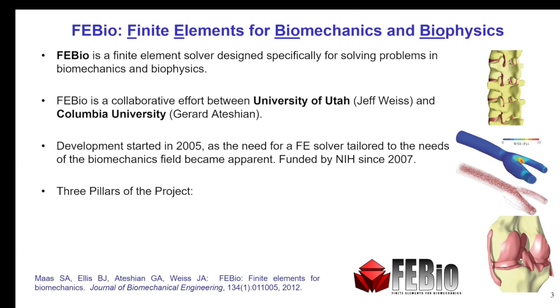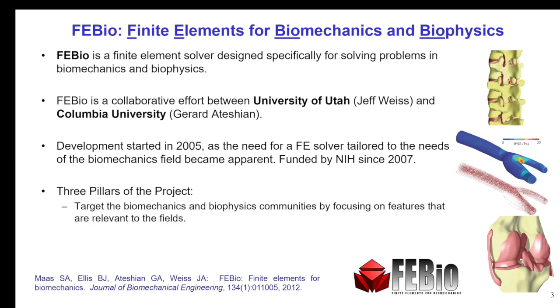Just to move on, there are three pillars of the project that we focus on. One is to target the biomechanics and biophysics communities by focusing on features that are important to our users and relevant to the field. So we try to stay in touch with our users, and we also try to stay on top of the literature so that we're staying one step ahead of what people need in order to do their research.